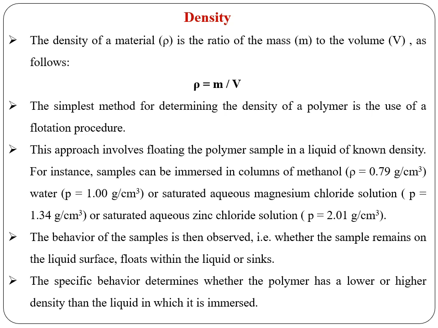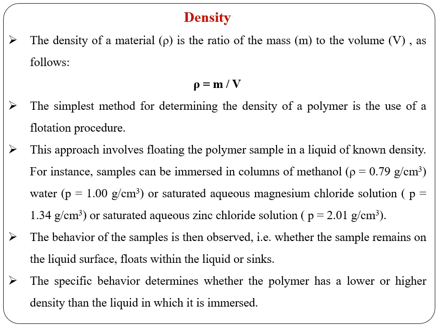For example, the samples can be immersed in a column of methanol with a density 0.79 grams per centimeter cube, water with a density of 1 gram per centimeter cube, or saturated aqueous magnesium chloride solution, or we can use saturated aqueous zinc chloride solution.